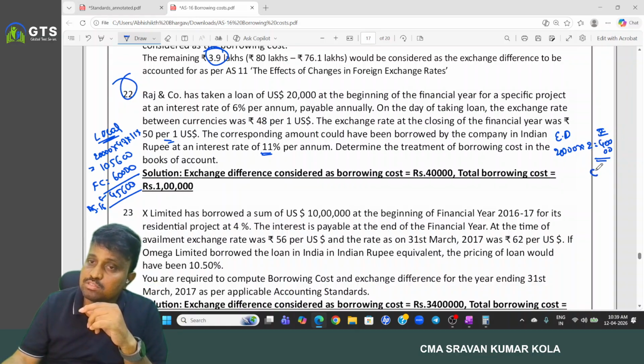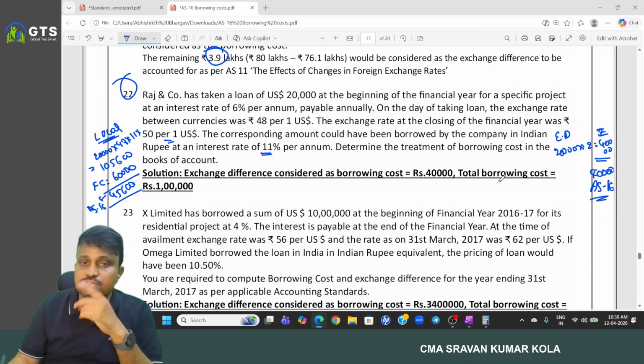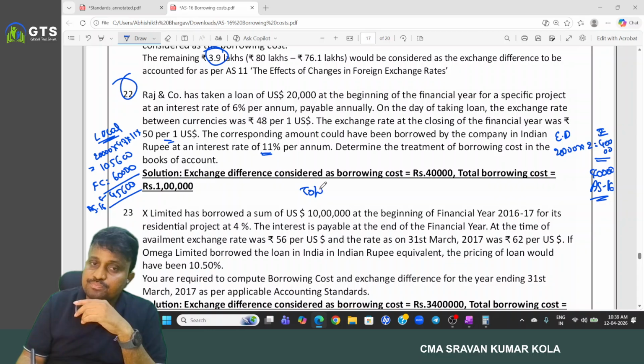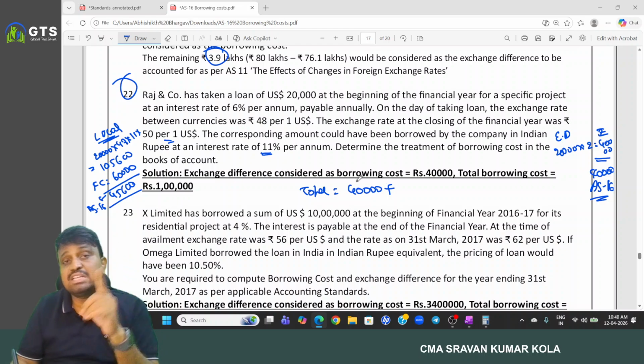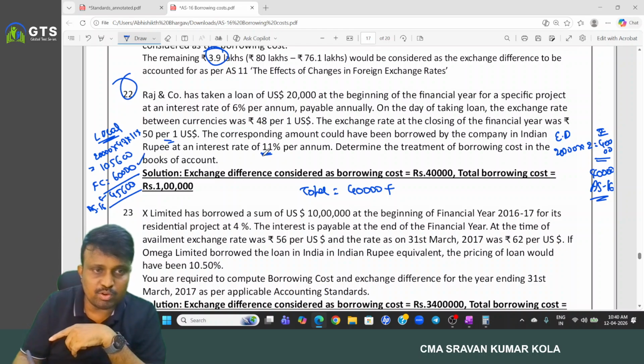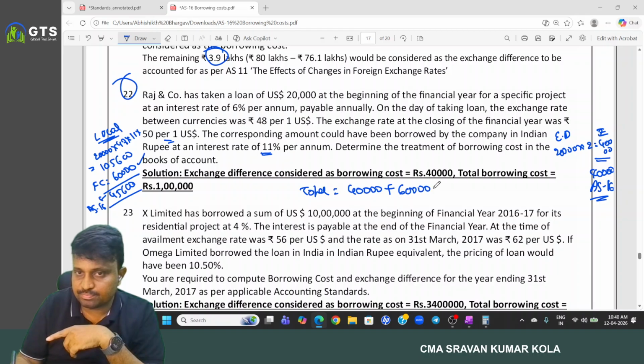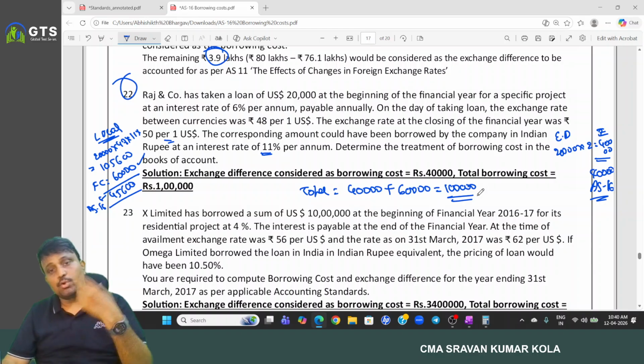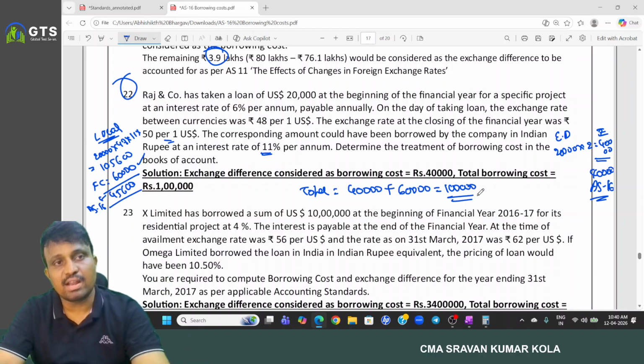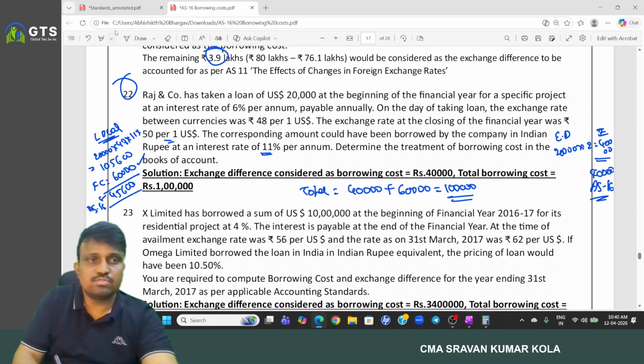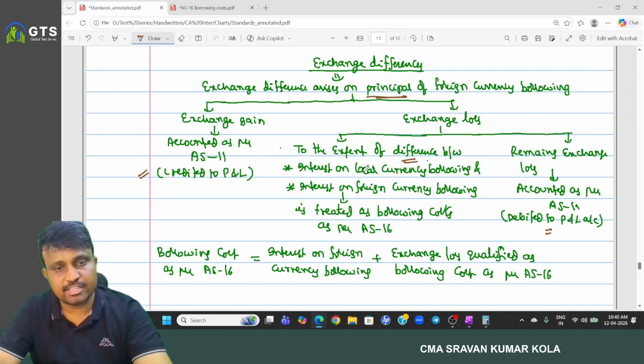So the total 40,000 is required to be covered under AS-16. What is the total borrowing cost? Exchange difference 40,000 plus interest on foreign currency borrowing 60,000, which is 1 lakh. Total borrowing cost is equal to 1 lakh.